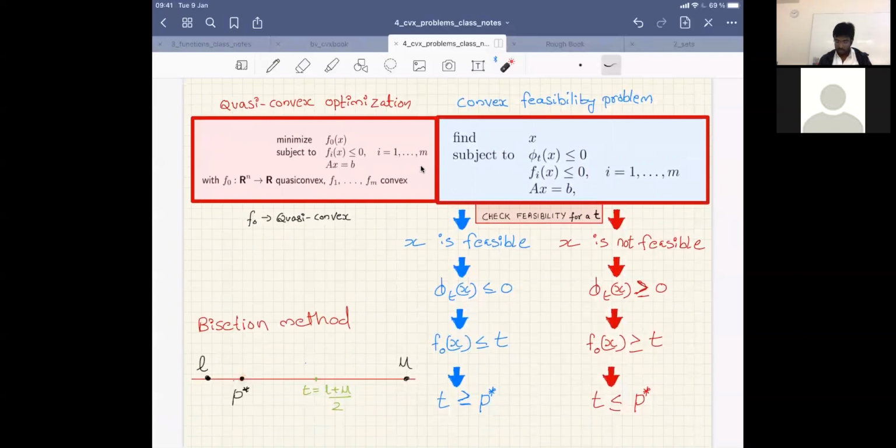Now what you do is take two values of x. I made a mistake: this is not p star, this is the value at which the minimum is achieved. So let's say this is the optimal point.